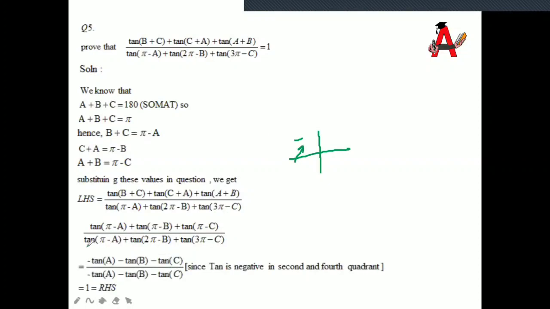Similarly, the denominator will also become: tan (pi minus a) will become minus tan a. Tan (2 pi minus b) will be in the fourth quadrant. Here also tan is negative, it will become minus tan b. And tan (pi minus c) again in the second quadrant will also become minus tan c. You have to remember the quadrant rule. So this will become 1, which is the RHS.